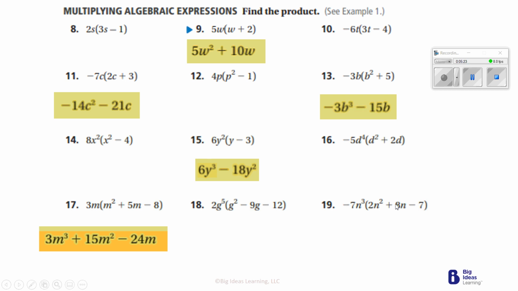So this would be negative 56n to the fourth power, because n to the second power times n to the first power is n to the fourth power. And then lastly, negative 7 times negative 7 will be positive 49n to the third power. So there you got it, negative 14n to the fifth power, negative 56n to the fourth power, plus 49n to the third power.